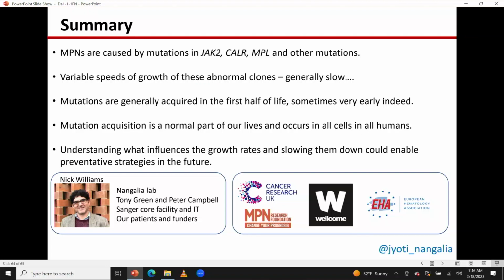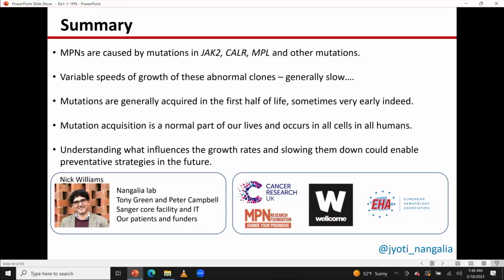So in summary, I hope I've helped explain MPNs and not lost everyone along the way. MPNs are caused by genetic changes in our DNA in some key genes that drive blood production. There are variable speeds of growth of some of these abnormal blood cells, but it's generally very slow, which is why these conditions present as we get older.